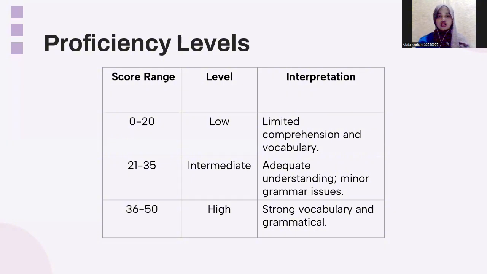And if a student only gets 25 correct answers, their level is intermediate, meaning that they have adequate understanding, and it leads to minor grammar issues. And then if a student only gets 15 correct answers, their level is low, meaning that they have limited comprehension and vocabulary.